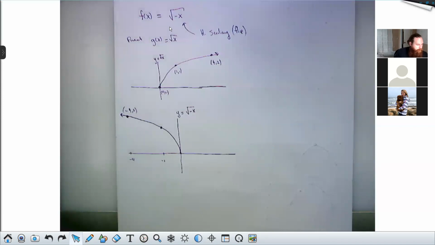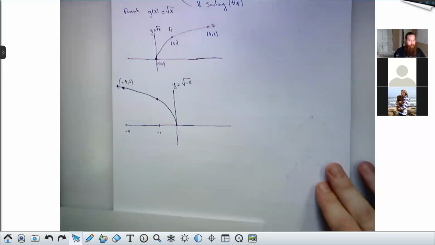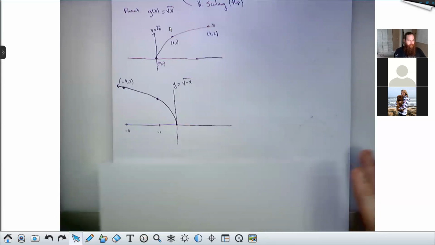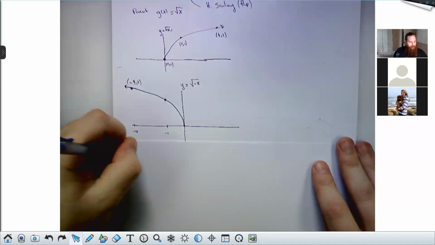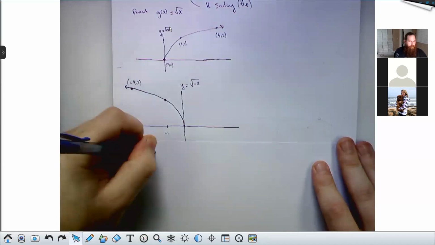Let me try to string a few of these concepts together. Let's graph, and this will be our last example for today.